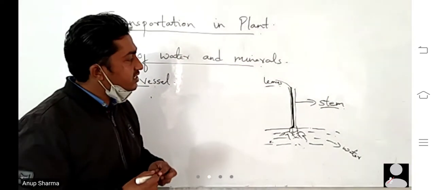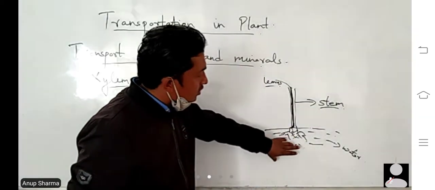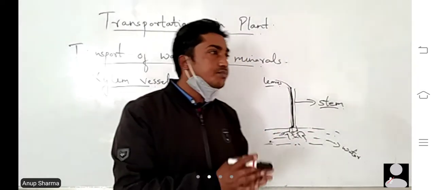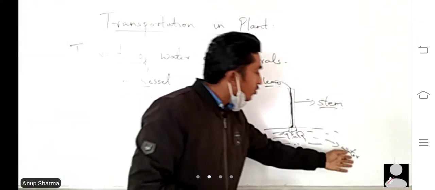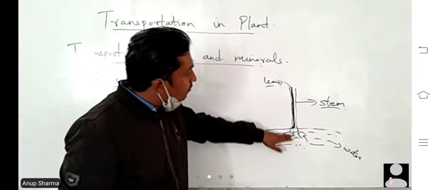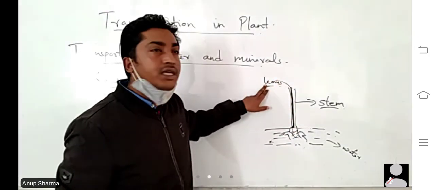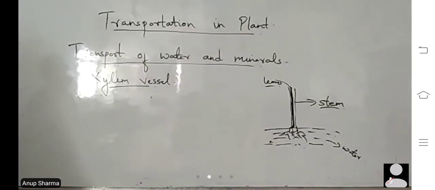So we can simply say that the minerals and water, as we know, water constitutes everything. In water, everything is mixed: the minerals and the nutrients. Through water only, the minerals are transported by the xylem to the leaves. It is a simple process, only we are explaining it.